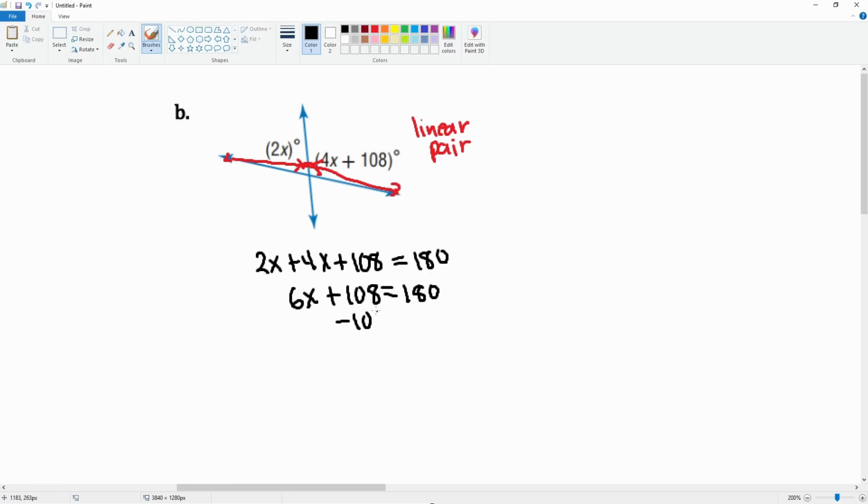Subtract 108 from both sides. This cancels, leaving 6x equal to 180 minus 108, which is 72 degrees. Divide both sides by 6. I get x equals 72 divided by 6, which is 12. So x is equal to 12.